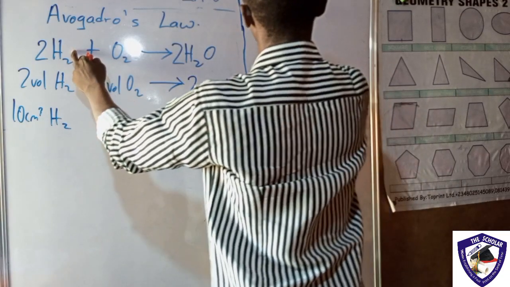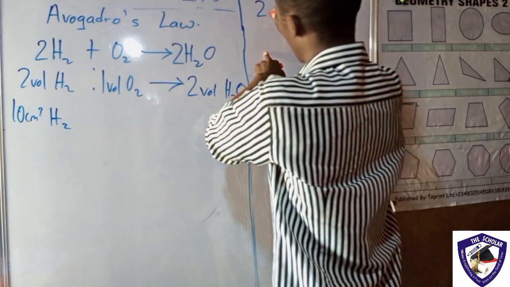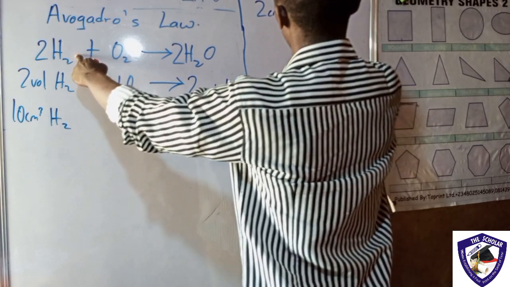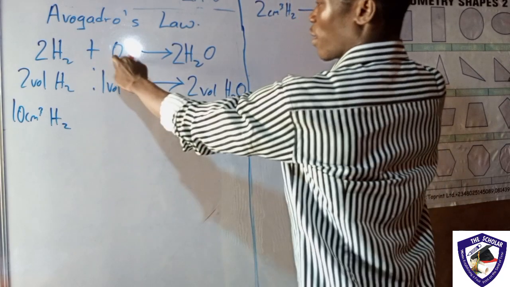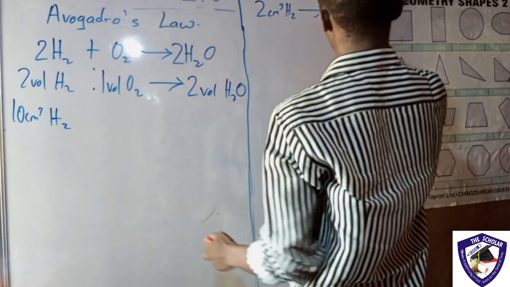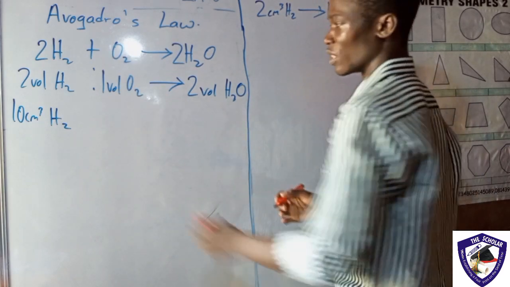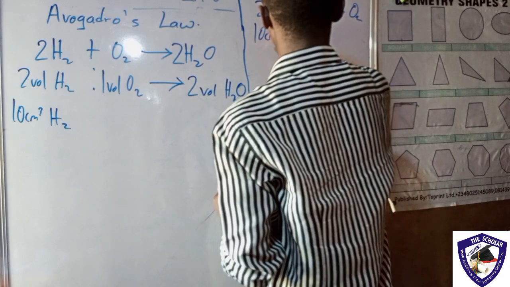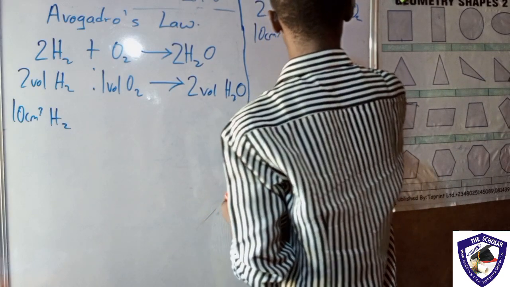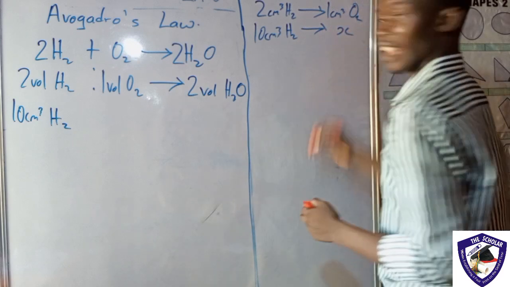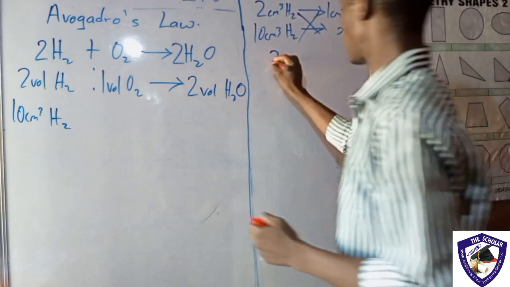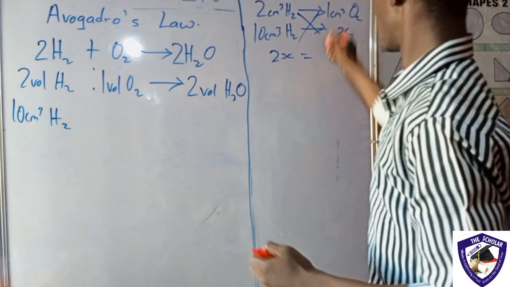Here, 2 centimeter cube of hydrogen from the equation reacts with 1 centimeter cube of oxygen. Are you with me? Now, 10 centimeter cube of hydrogen will give us X. Then you cross multiply: 2 times X, we have 2X equals 10.